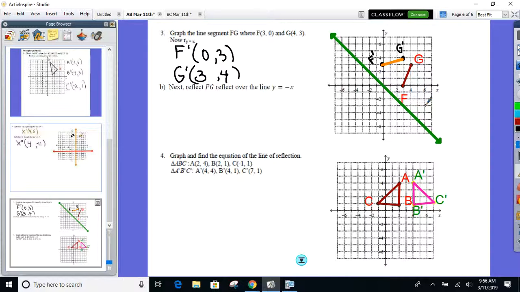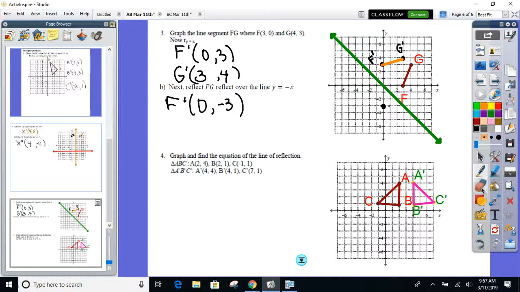Well, if I go right, so you want me to go 1, 2, 3, 1, 2, 3 here? Okay. So that point's what? 0, -3. Okay. 0, -3. There's a problem though. That's not my point. Okay, so counting I don't think is going to do it there, because that's not my point.